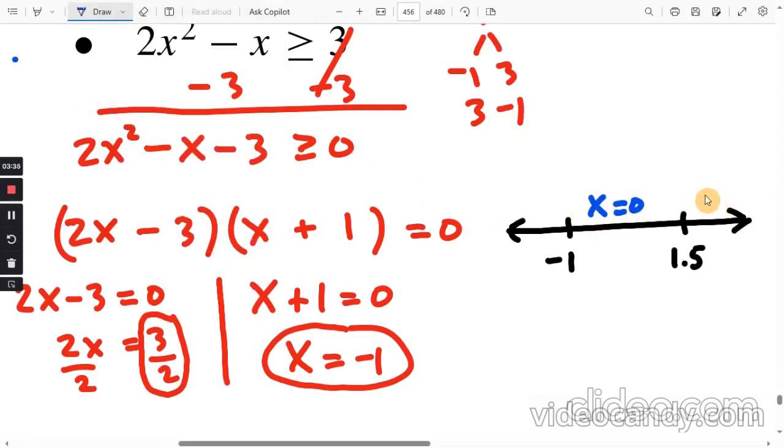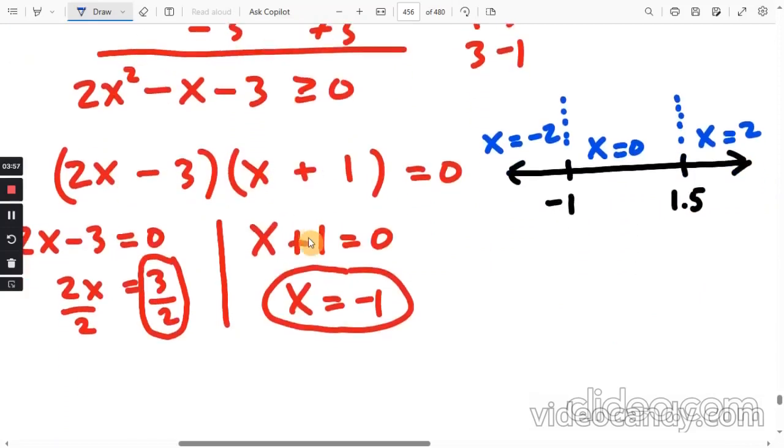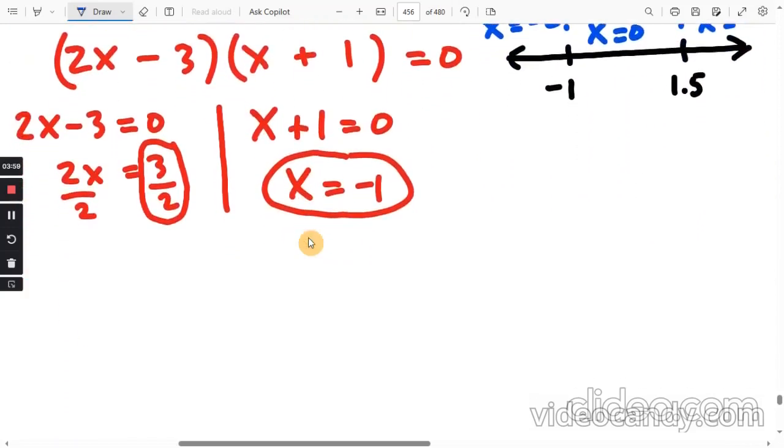The easiest one over here is going to be x equals 2. And the easiest one over here is going to be x equals negative 2. We're plugging in numbers in between the zeros, and I am going to plug it into the factored equation. It's a little bit easier in my opinion.